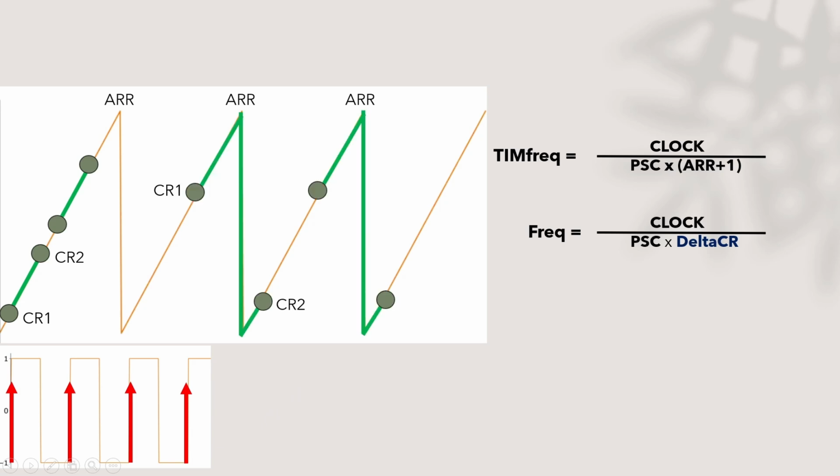Now, if we are in a situation where the second value, because here we were in an ideal configuration where the second register that we've captured is higher than the first one. But what if we capture the second register after an overflow?